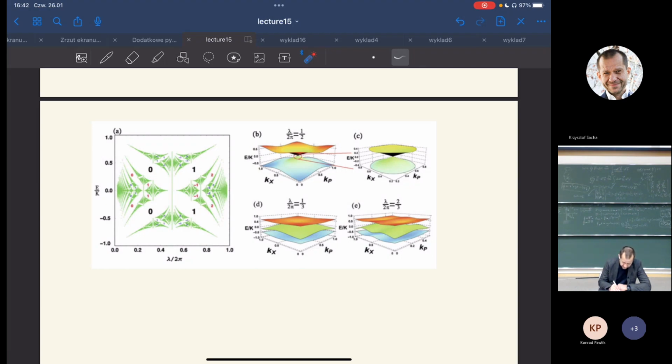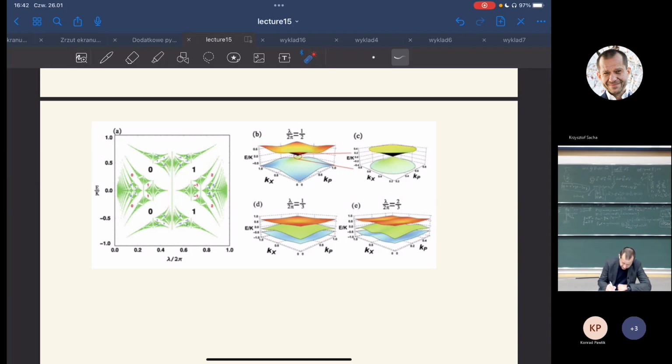For different choices of Planck constant, we have a different number of energy bands. For example, when we choose lambda over 2 pi equal to 1 over 2, so that we are exactly in the middle of this figure, then we see 2 bands, because the denominator is equal to 2, but actually there is no energy gap because the two bands touch each other. So we are here.